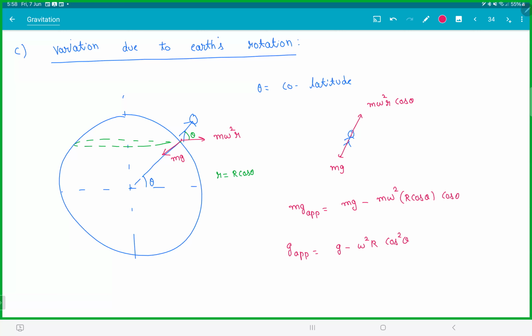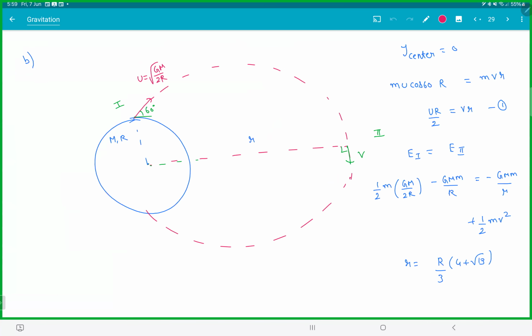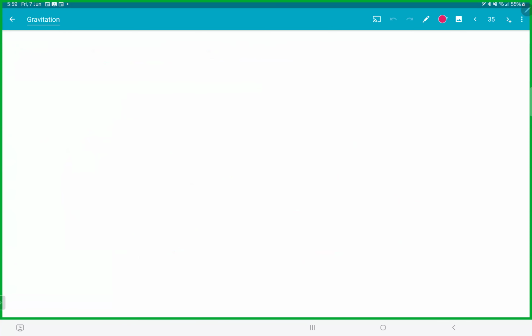Clear? Let's say a question. A barometer shows 75 centimeters for pressure P naught on Earth's surface.